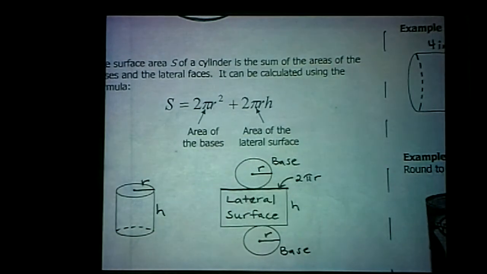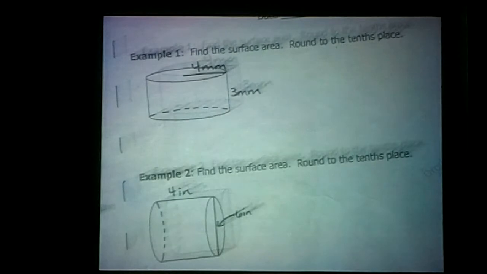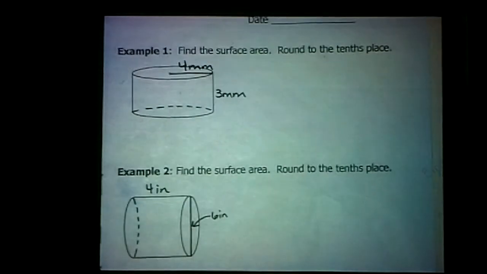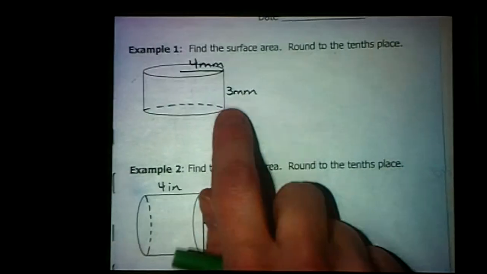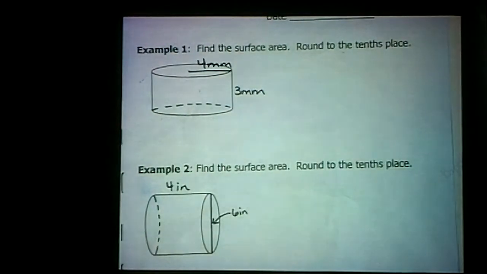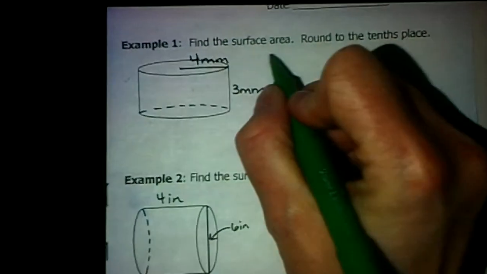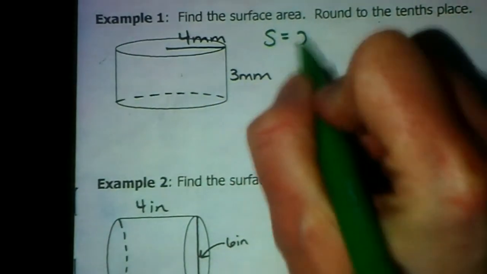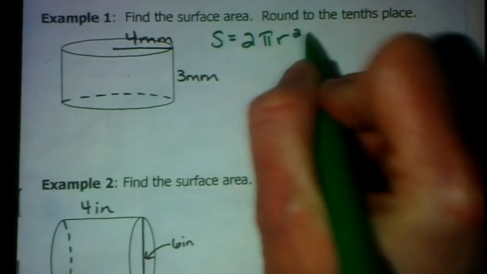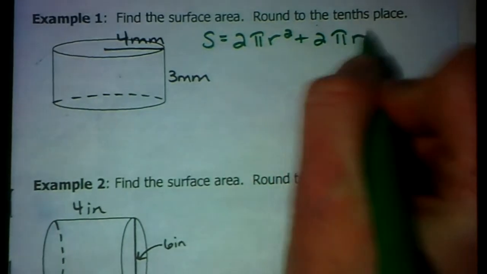Let's try some. Let's get to the nitty-gritty, the fun part, I think. Here we have a lovely little cylinder. We're supposed to find the surface area, and I ask you to round to the nearest tenths place. All right. So we know that our formula is the surface area is equal to 2 pi r squared plus 2 pi r h.